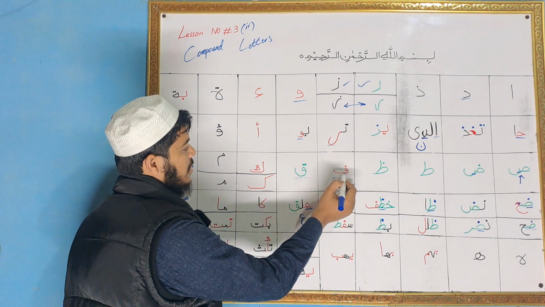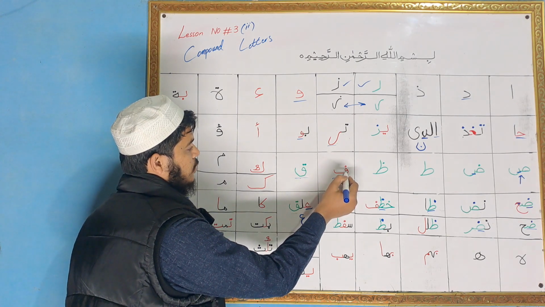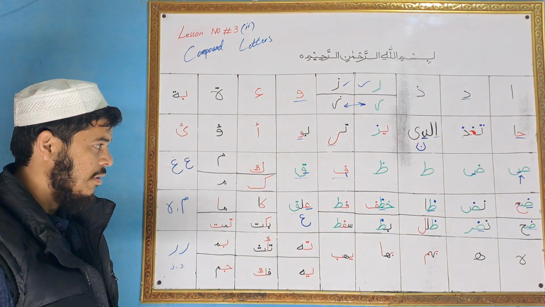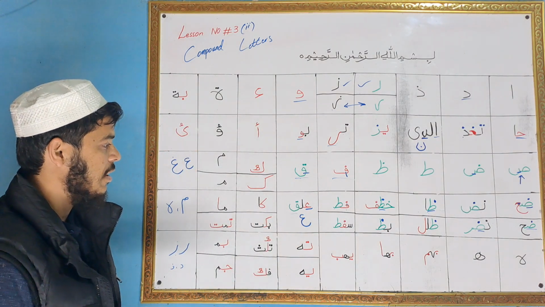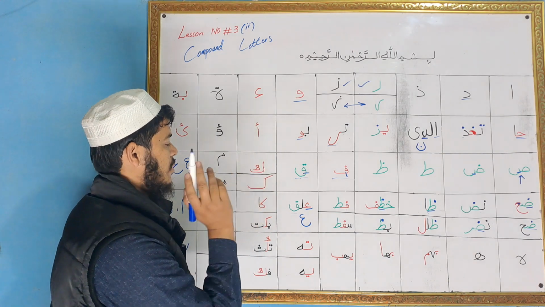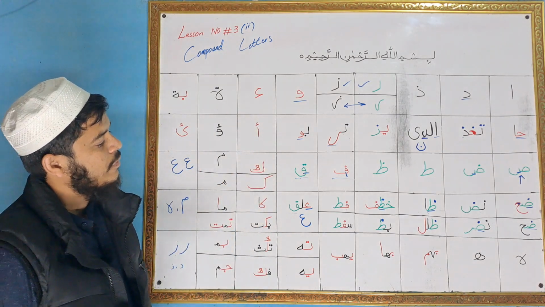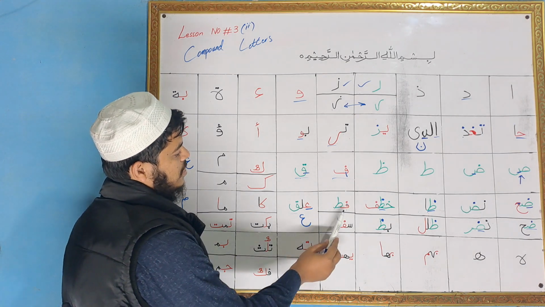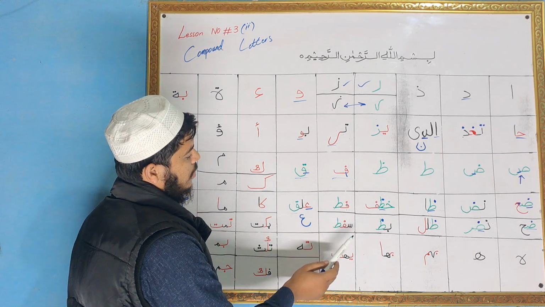So basically we can say that whenever it is used separately, this half part is used as a first letter or as a middle letter. We can just remember it like that. So this is Fa, Pa.